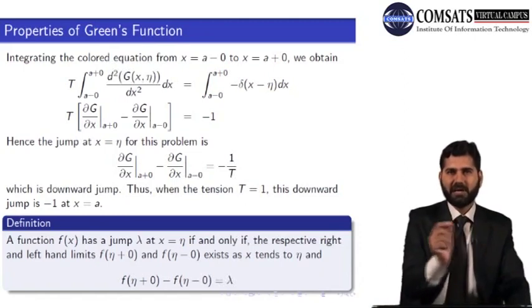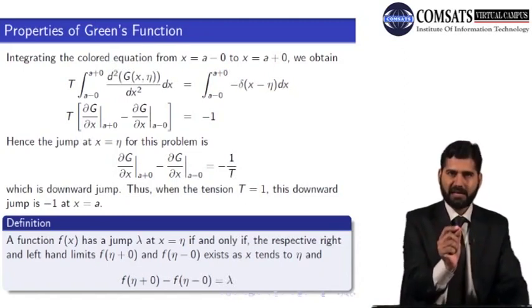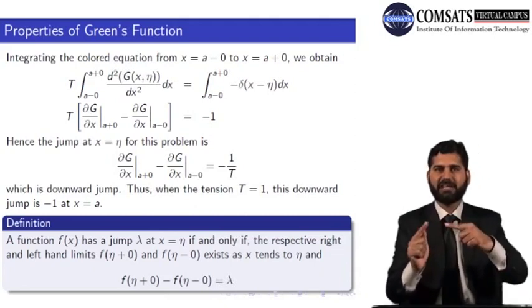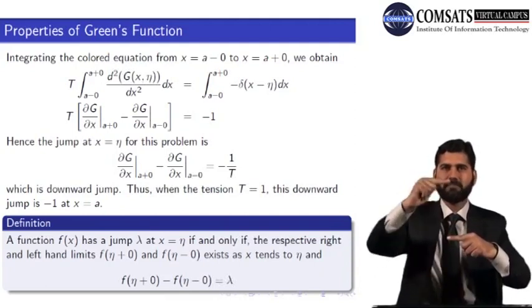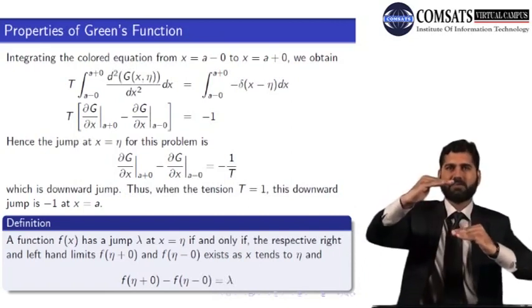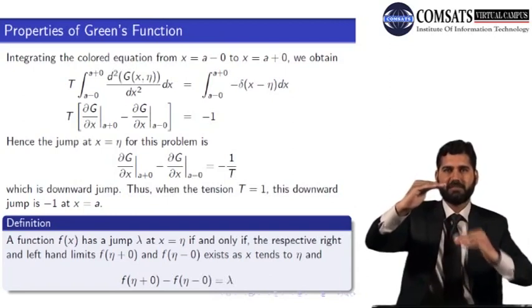So what happens is, if you look at just to the left of eta, and if you look at just to the right of eta, there is a difference of lambda. It means your function has a jump at eta. Alright, so on the left it was here, on the right it was here. So there is a difference between the right and left hand limits. This is the right hand limit, this is the left hand limit.